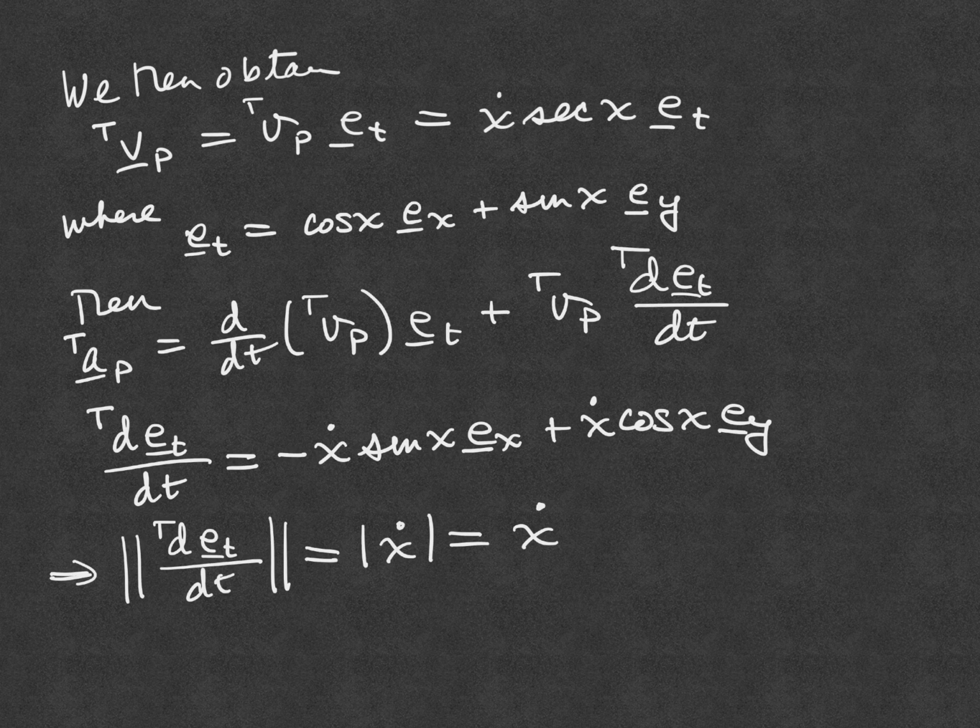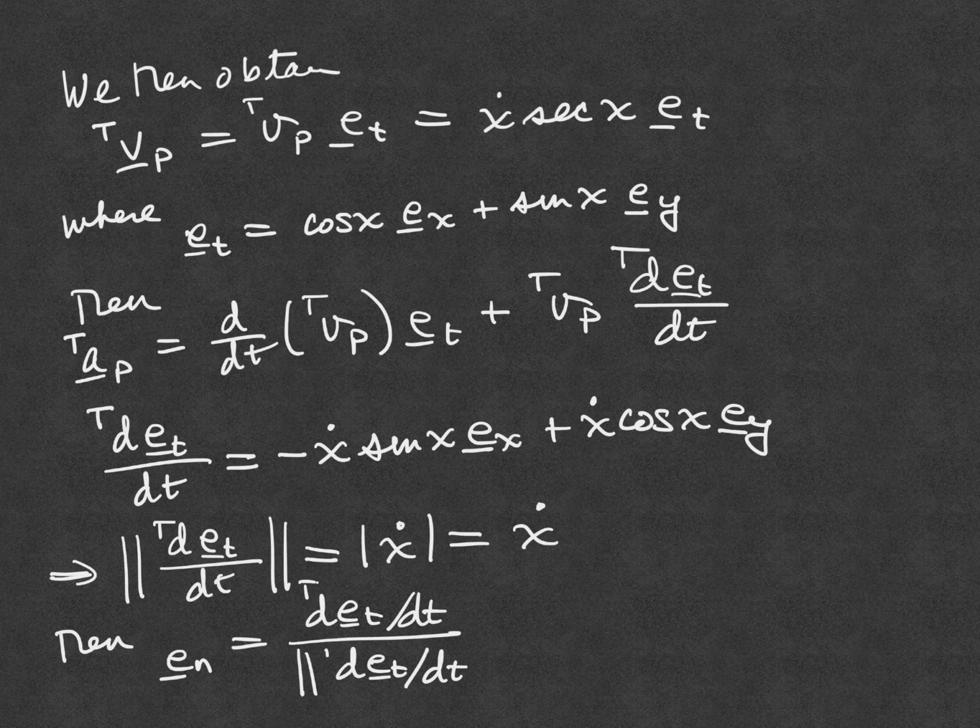So now we have that en is equal to the rate of change of the tangent vector in t divided by its magnitude, which is equal to the rate of change of the tangent vector divided by x dot. So we wind up with the rate of change of the tangent vector in the track being just equal to x dot times en.